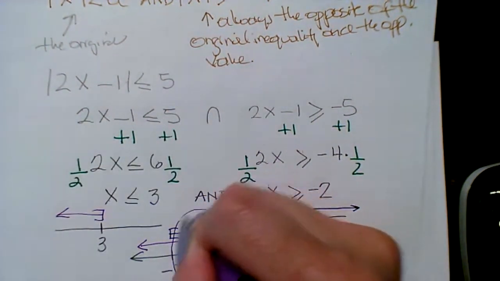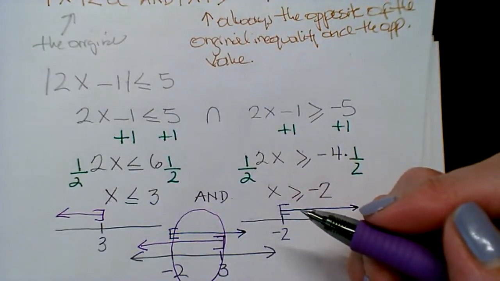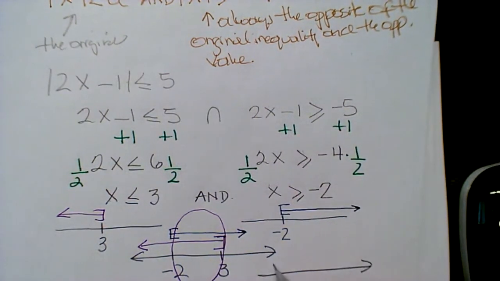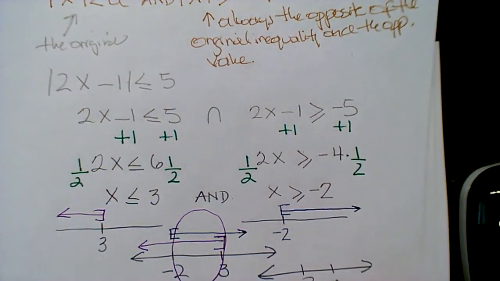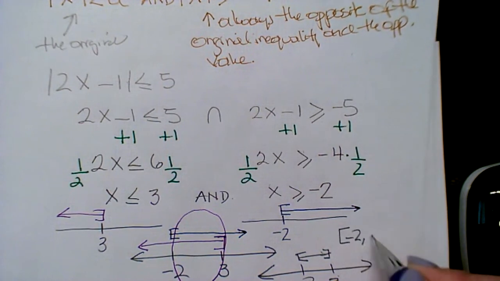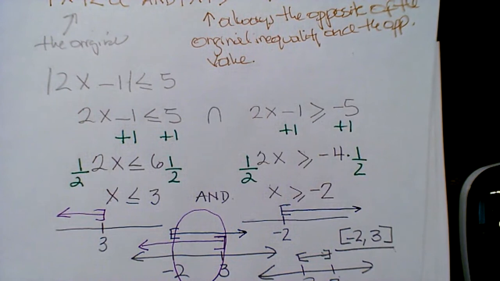Right here. Where do I see two lines? Okay, so my answer is going to be from, I'm including negative 2, comma 3. We want an interval notation.